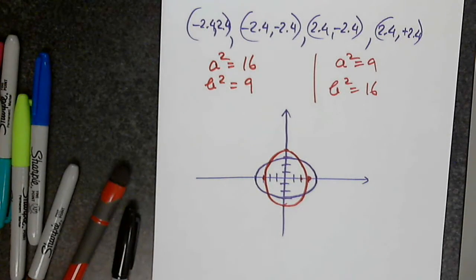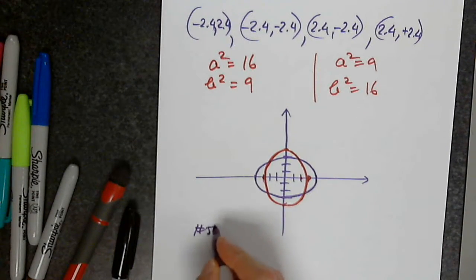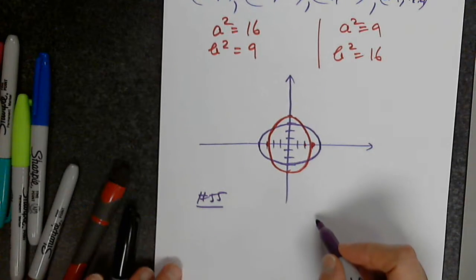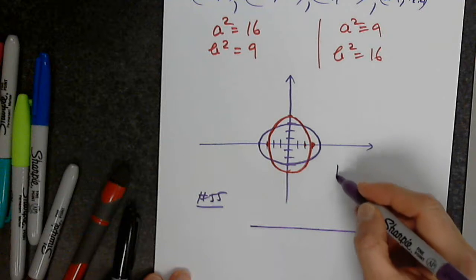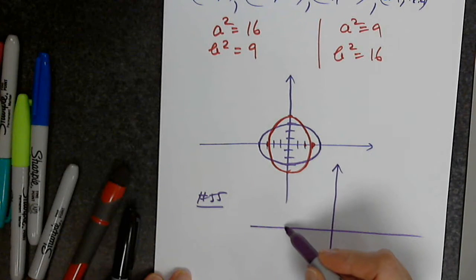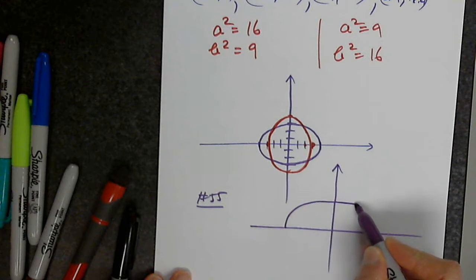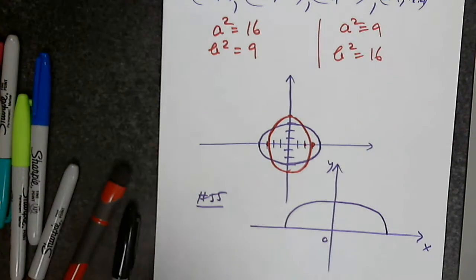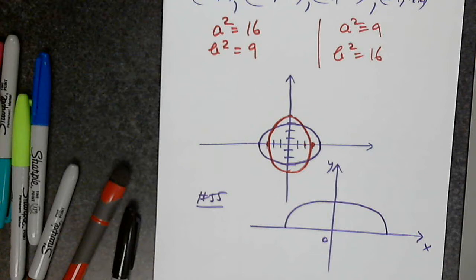So let's look at 55. A sunburst window above a doorway is constructed in the shape of a top half of an ellipse, as shown in the figure. Okay, so I have to copy this. And we are given some measurements here.